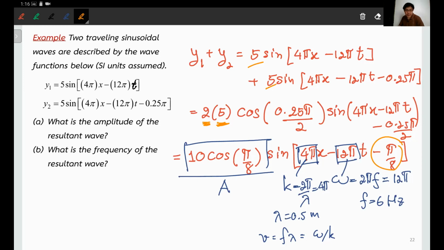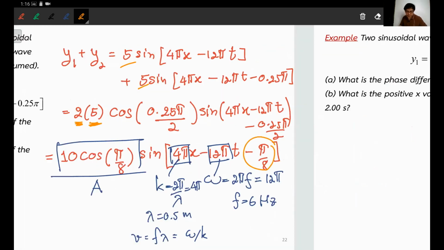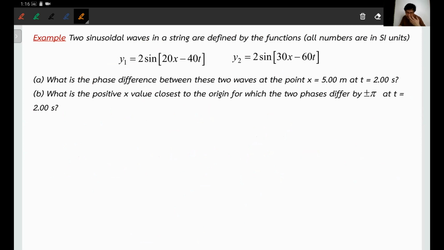All right, next one. Actually, this one you can skip, I think, because I tried it a couple of times. It seems to be more confusing, because in our lecture we always focus on the interference between waves having the same frequency.